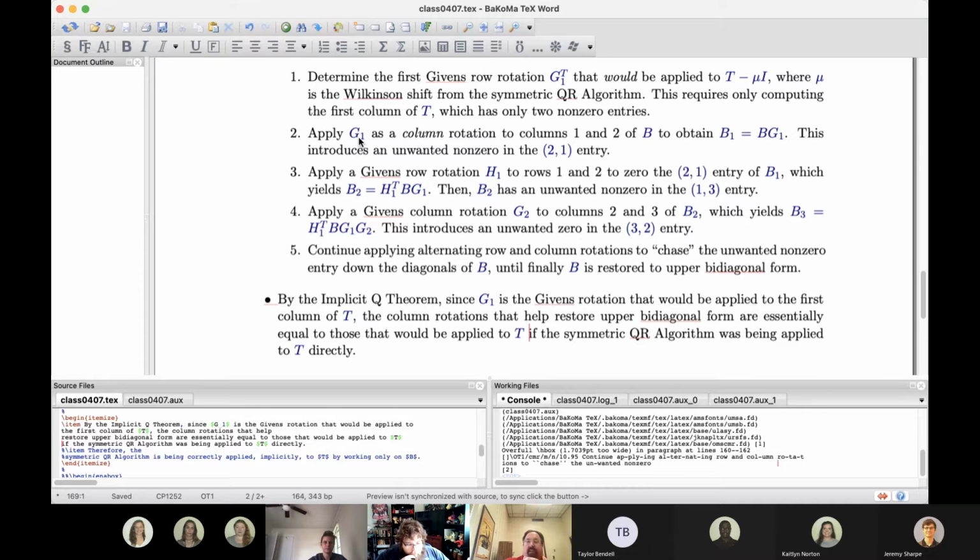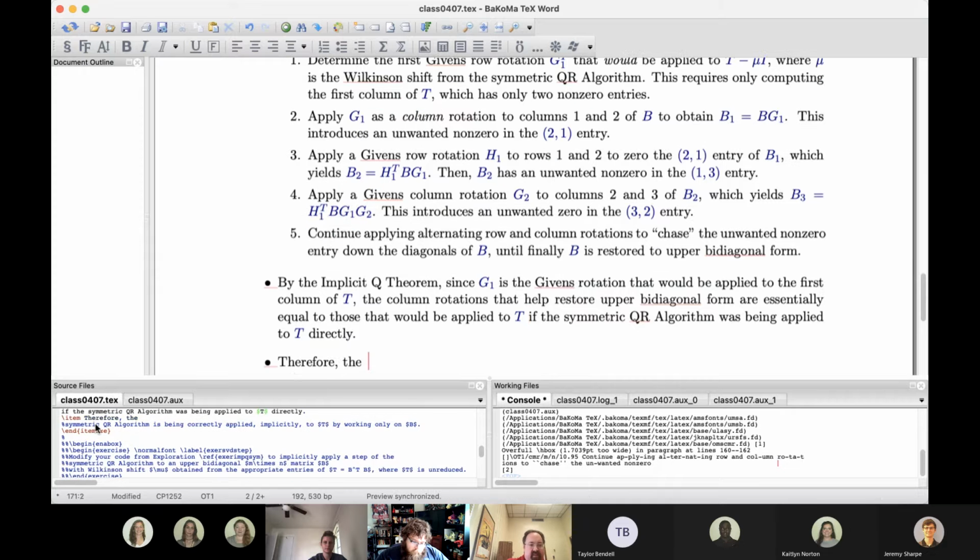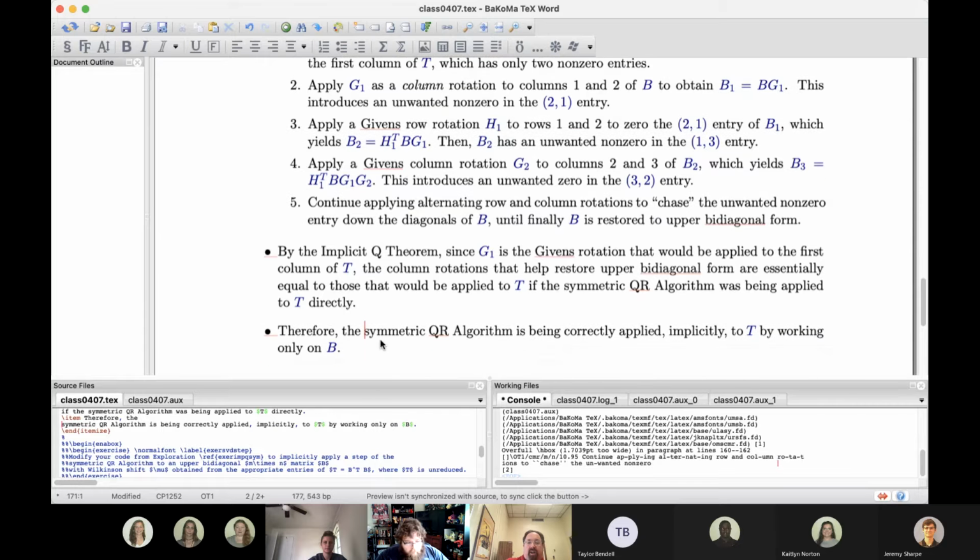So we're coming up with a Hessenberg reduction, which, because of symmetry, is a tridiagonal reduction of T that has the same first column as the one that the actual symmetric QR algorithm applied to T minus mu I would have. Because they have the same first columns, by the implicit Q theorem, these transformations are essentially equal. So, in effect, we are applying a symmetric QR algorithm implicitly to T, but we're only working on B. And we're just using a few select entries of T to come up with a first transformation.